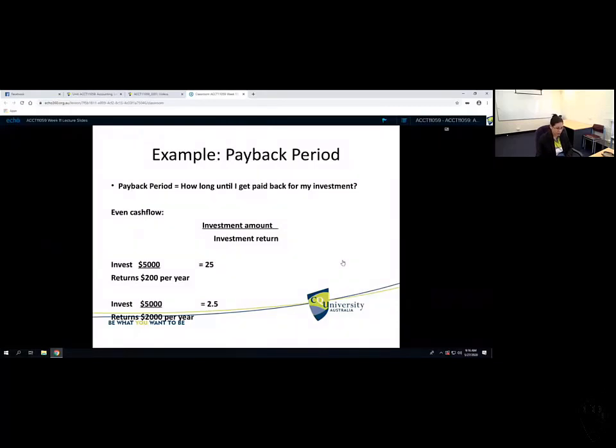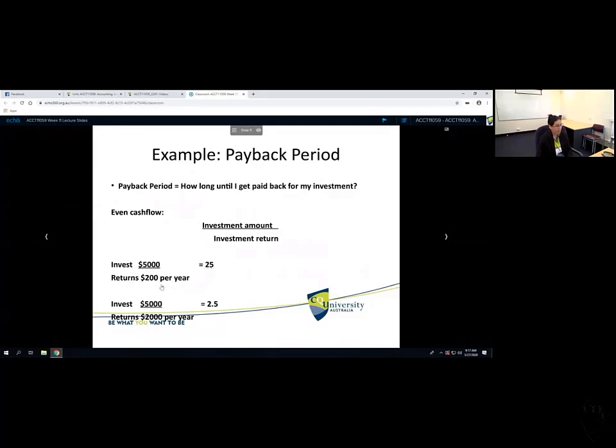So we're going to assume in this scenario that we invest $5,000 and that returns us, nice and neat actually, a $200 per year return, okay? The formula is the investment amount divided by the investment return. So if we were to divide our $5,000 investment by the $200 per year, it would take us 25 years to get paid back for our investment.